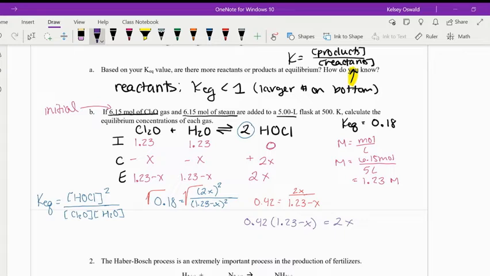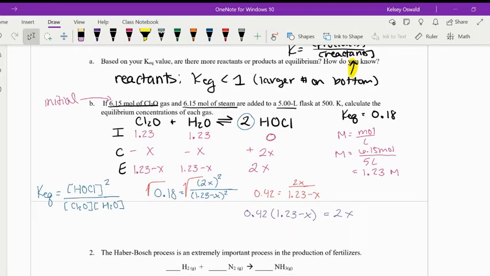Okay. So from here, since we have 0.42 times the quantity 1.23 minus x, we're just going to distribute that 0.42. Again, just to make it a little bit easier to work with. And when we do that, we'll have 0.517 minus 0.42x is equal to 2x. Right. From here, now it's nice and clean.